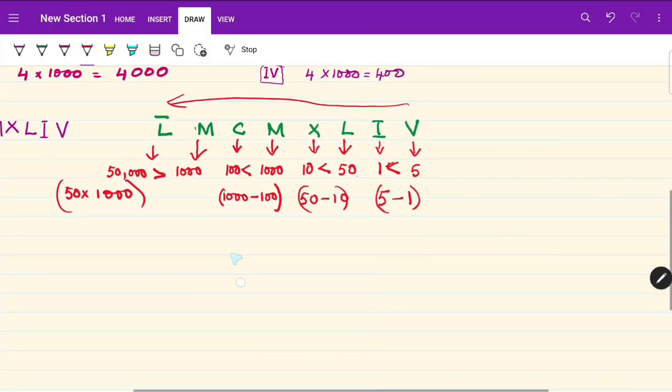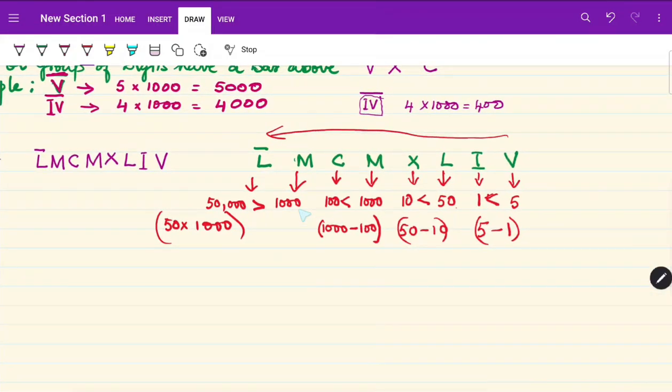All right. So let's bring it up here. 50,000. All right. So it's going to be 50 times 1,000 plus 1,000, and then plus 1,000 minus 100 plus 50 minus 10 plus 5 minus 1. So now let's add them up or subtract as the case may be.